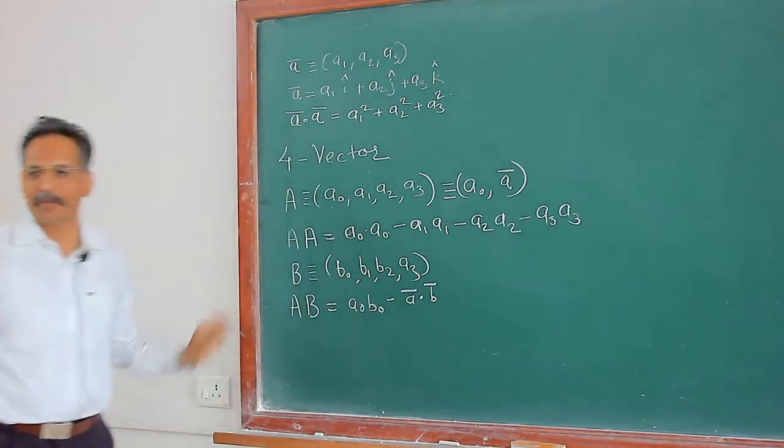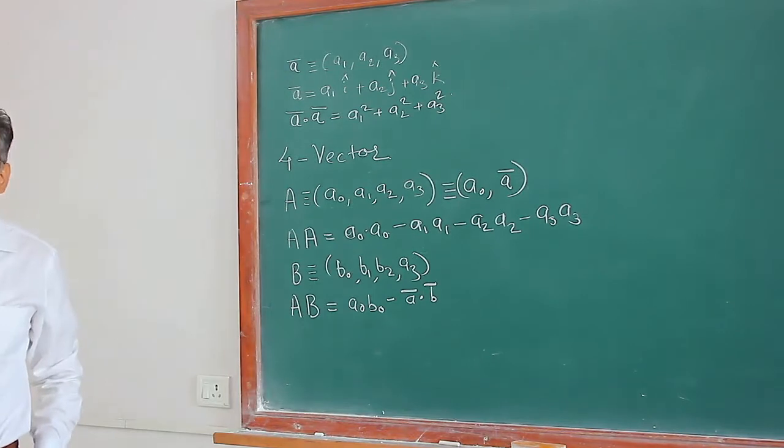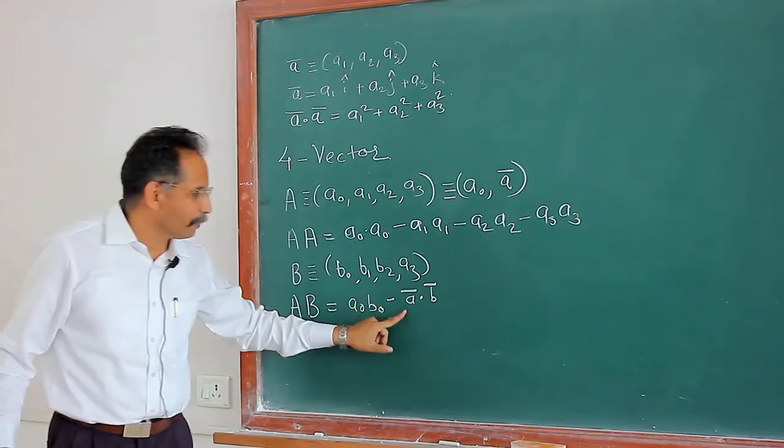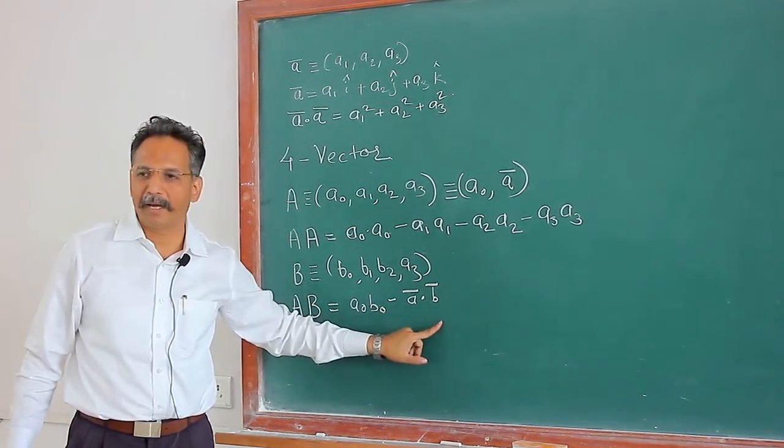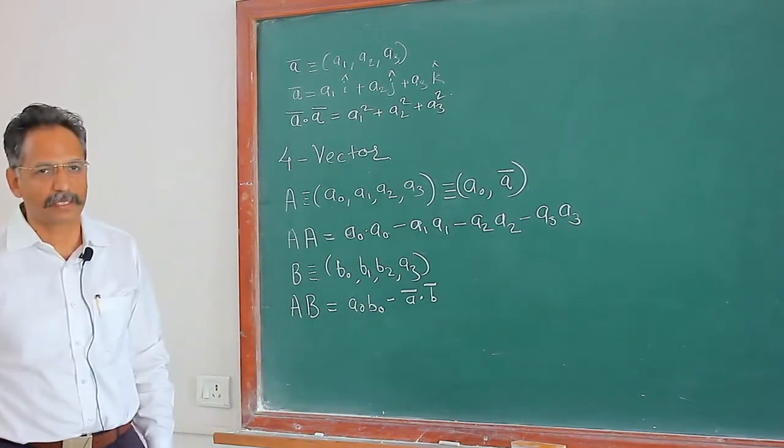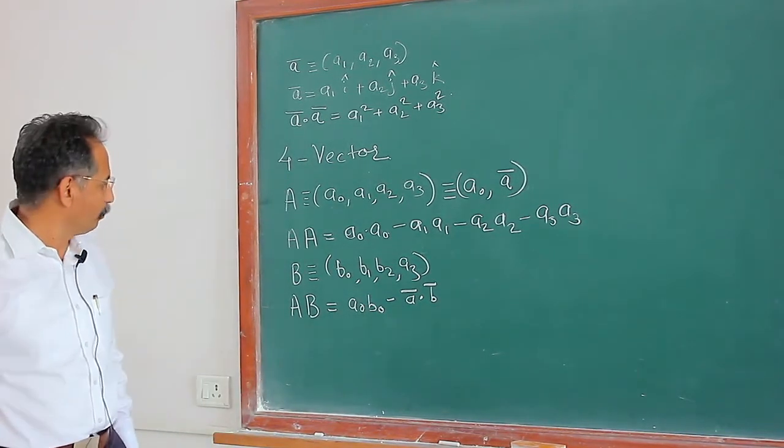This is a compact notation. Here small a bar and B bar are normal 3-dimensional vectors.